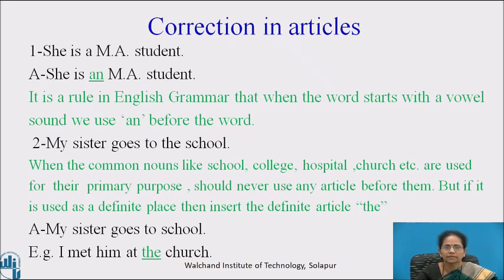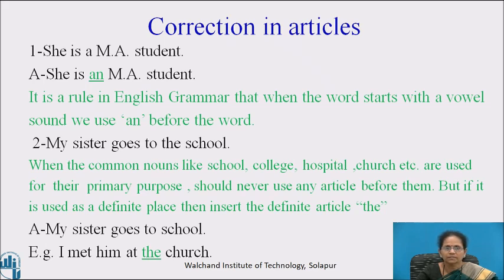Now see the corrections in articles. All of you know that in English there are two kinds of articles, definite articles and indefinite articles. While using these articles, we definitely get confused. See the first example. She is a MA student.